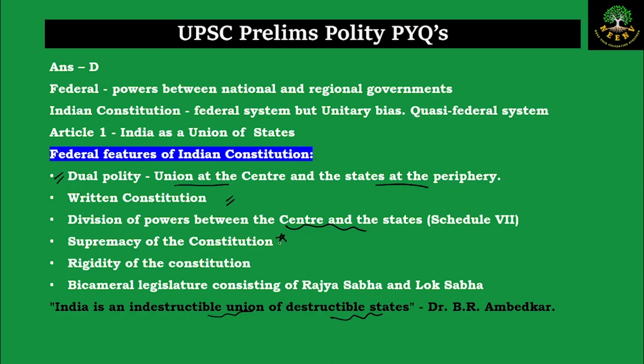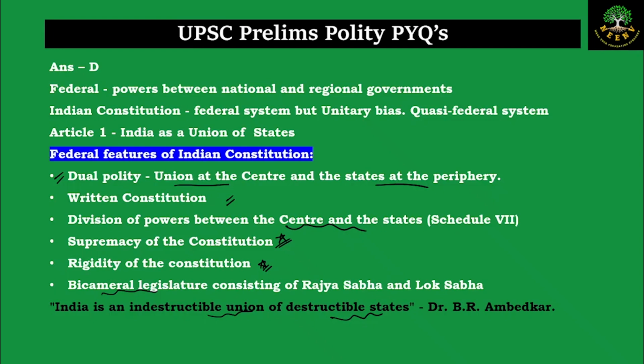The supremacy of the constitution is important, so that the central government doesn't act arbitrarily and amass all the powers to itself. The rigidity of the constitution is necessary, so that frequent amendments and changes cannot be made at the expense of the state powers. The bicameral legislature is there, and the independent judiciary is also important. Also, Article 1 clearly says that India is a union of states.